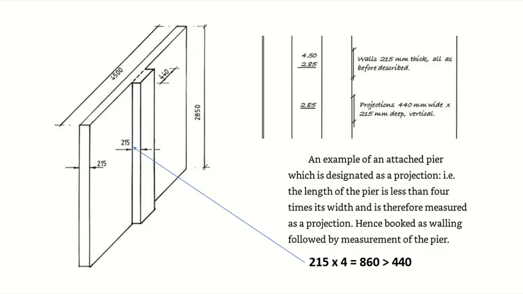If thickness of the projection multiplied by 4 is less than the length, then the projection itself will be calculated in square meters, same as the actual wall. Got it? Clear? If you are going for the first option, then the length and thickness of the projection must be mentioned in the description.